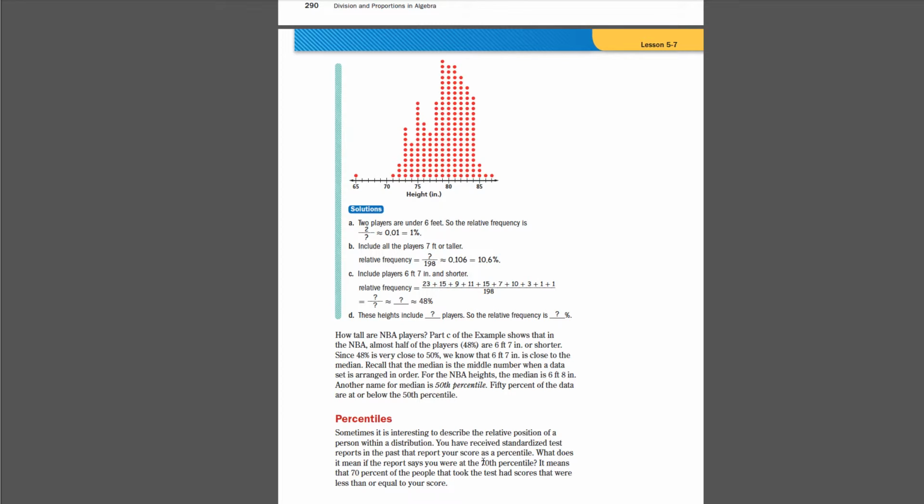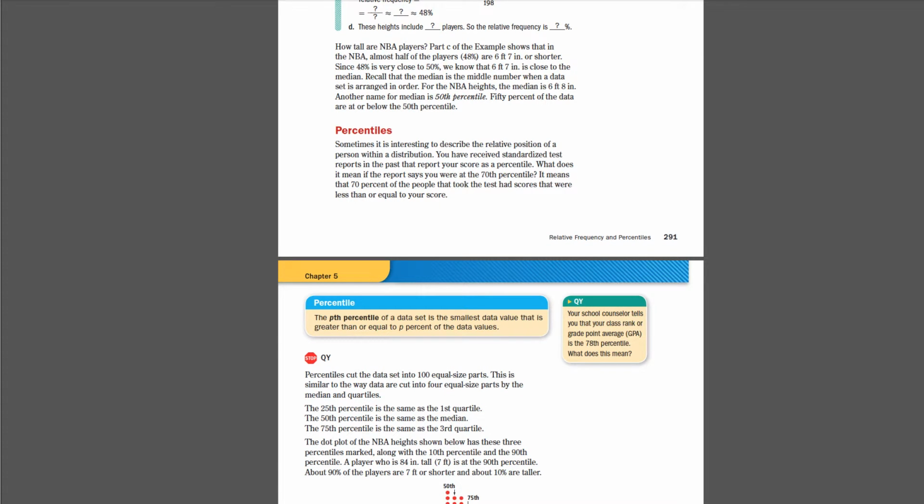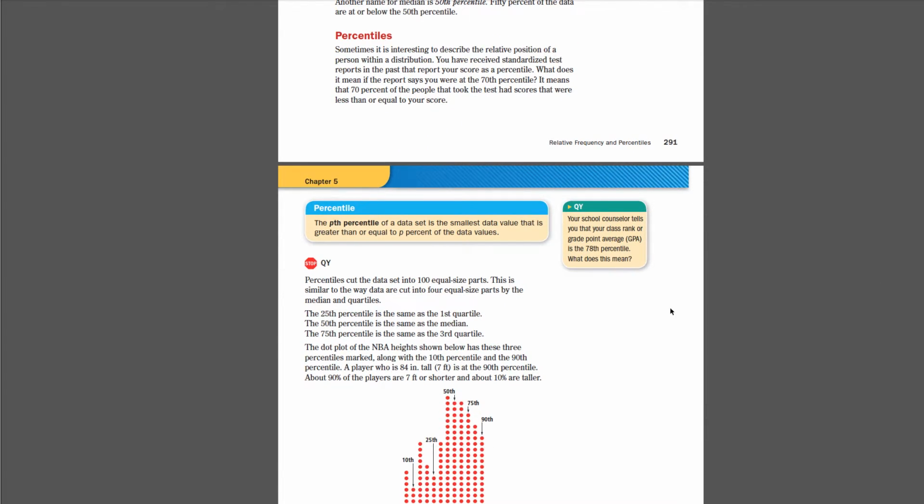So everybody else finished below that, or at that value, excuse me. You can read this little definition of percentile. The 25th percentile is the first quartile, the 50th percentile is the median, and the 75th percentile is the third quartile.